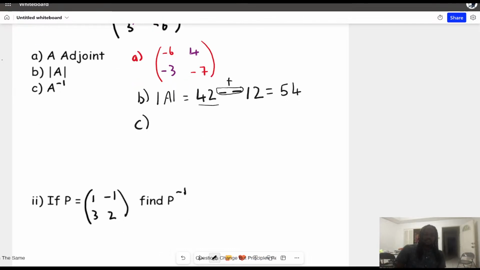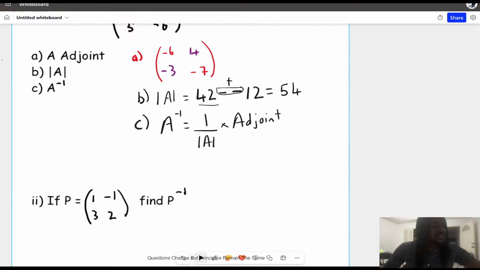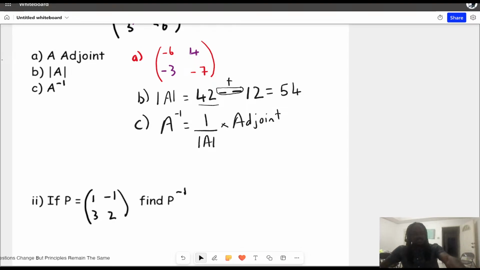Part C, now I need to find the inverse. So if it's A inverse, it's 1 over the determinant, and you simply multiply that by the adjoint. So once they want the inverse, you have to find the determinant and you have to find the adjoint first. That's a must.